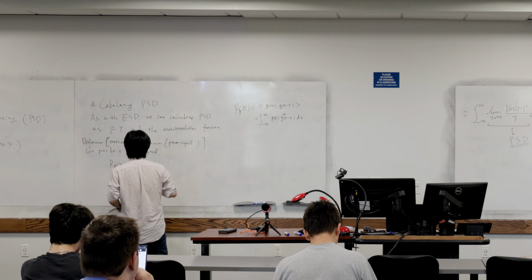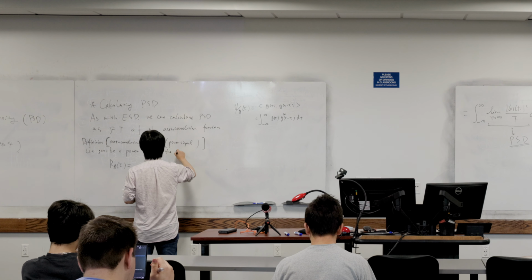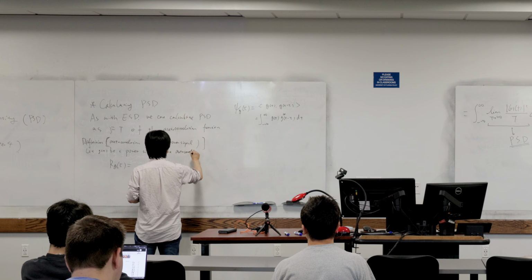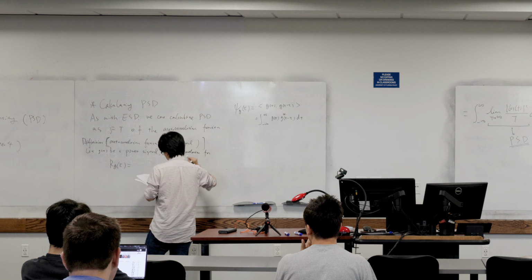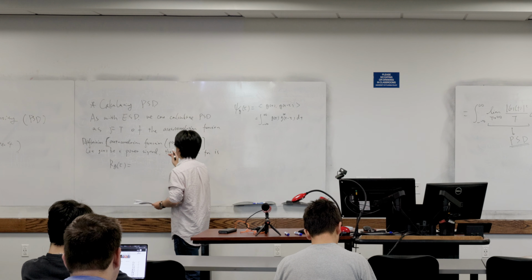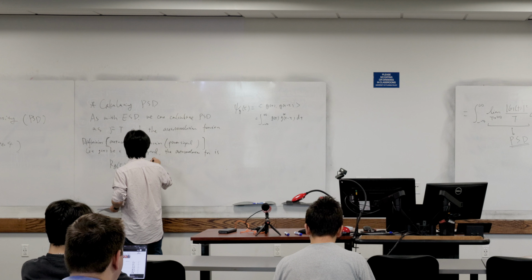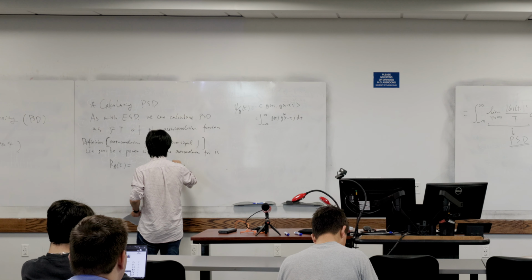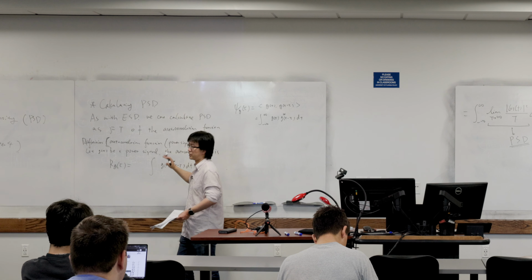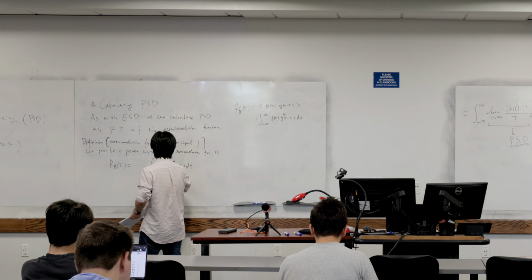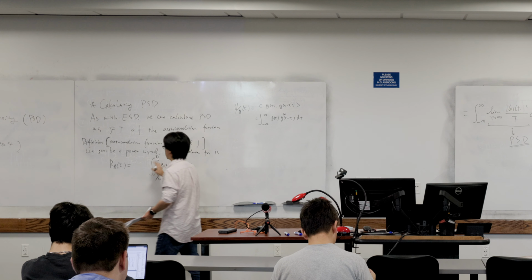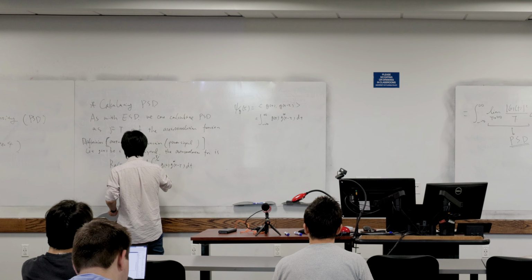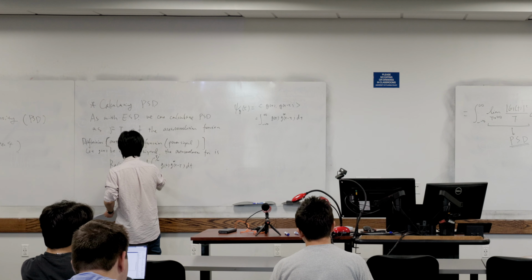So let g be a power signal, then the autocorrelation function is given as follows. It's very similar to that, but the difference is that instead of doing the integral from negative infinity to plus infinity, we use the trick we used before: from negative T over 2 to T over 2, normalize it by T, and then let T go to infinity.